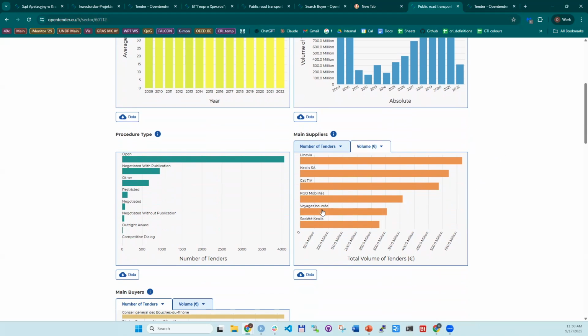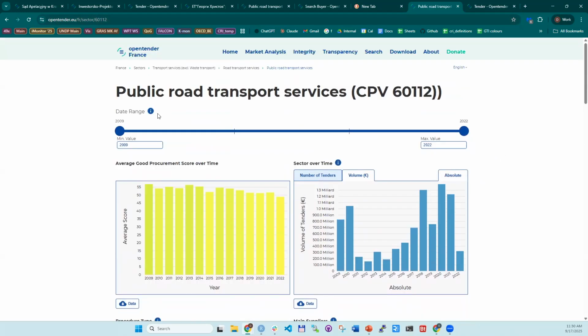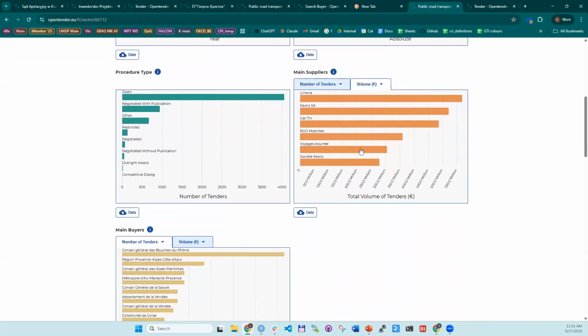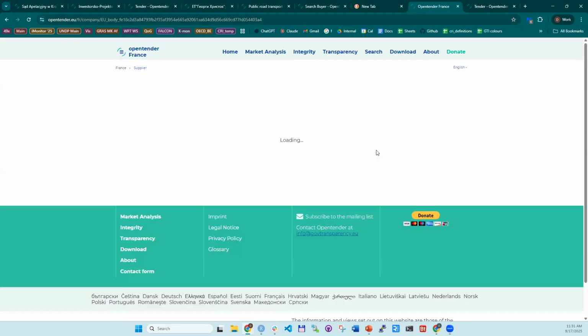For example, for me, Voyages Bourré, or I think Drunken Voyages is the translation, was somewhat interesting. When I'm talking about public road transport services, Drunken Voyages is not a name that I would expect, especially not in the five largest suppliers by volume overall.